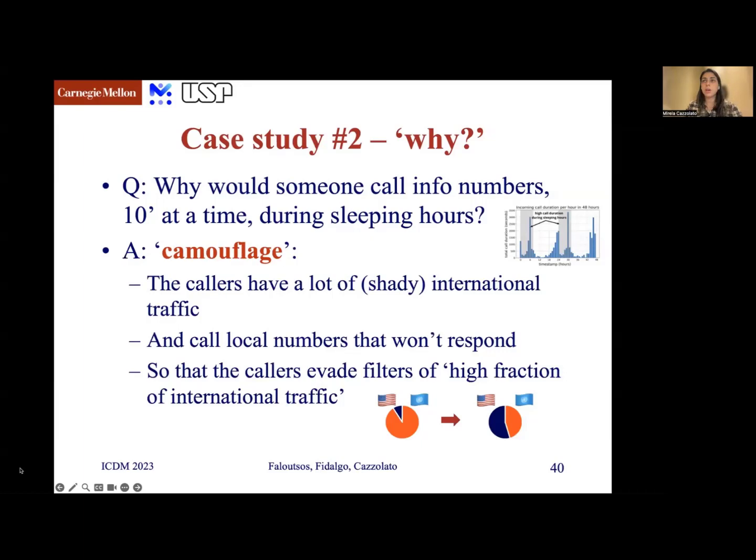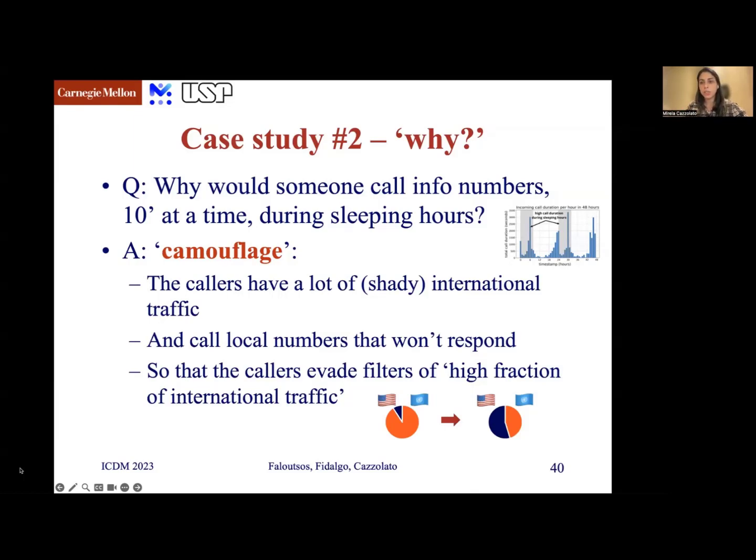So these callers have a lot of shady international traffic as well. And these calls have automatic answers. So for camouflage, they give fraudsters call duration to camouflage their high amount of calls, also from these numbers that won't respond. So they would call lots of times numbers that won't respond.